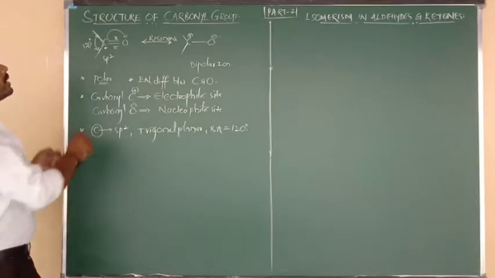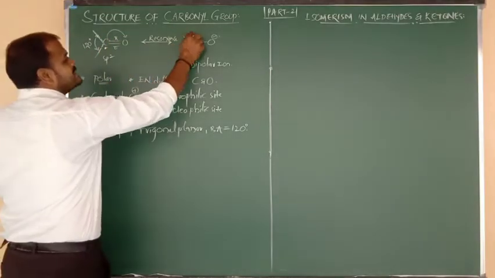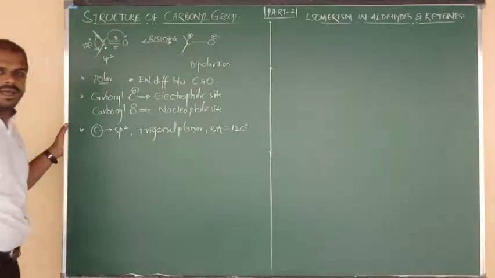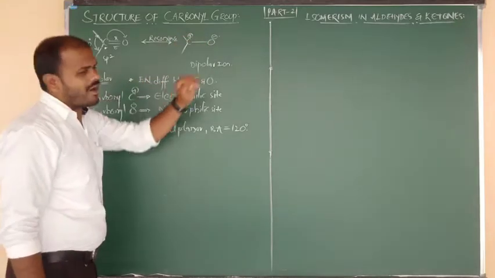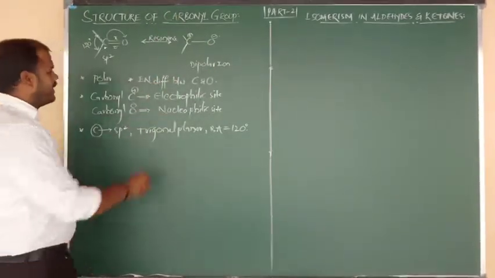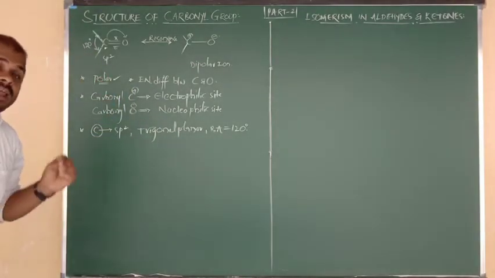Due to this delocalization, carbon carries a positive charge and oxygen carries a negative charge. So carbonyl compounds are dipolar compounds, and simply we can say they are polar in nature.